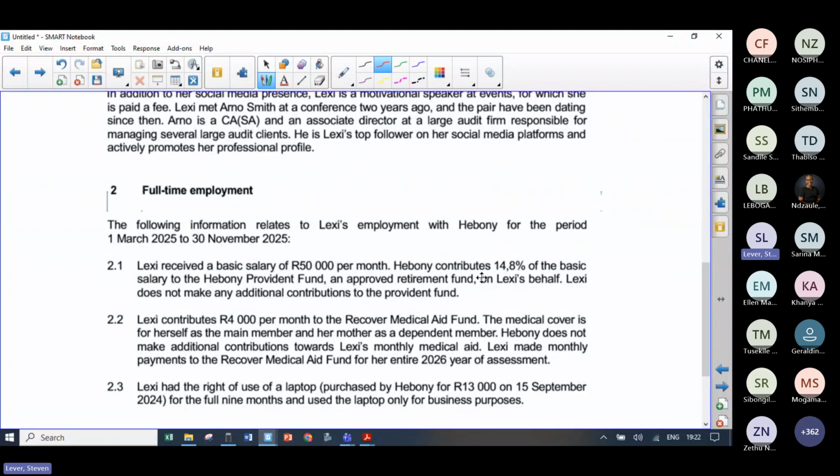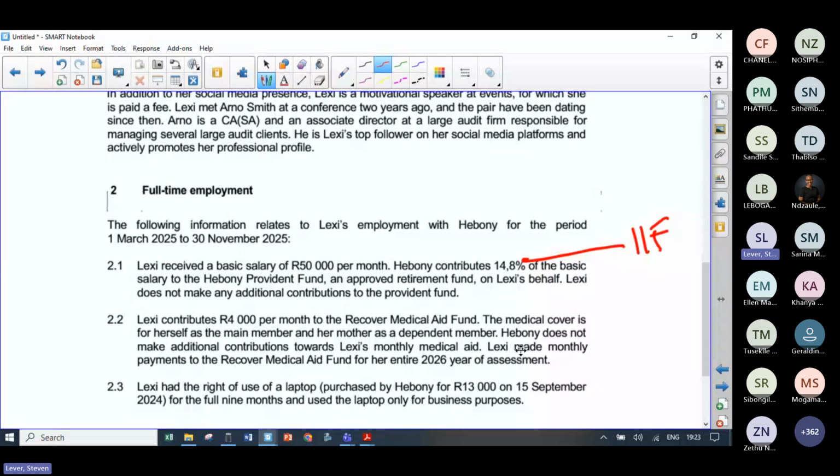It says Hebony contributes 14.8% of basic salary to Hebony's Provident Fund and an improved retirement fund. Lexi does not have any additional contributions to the fund. So guys, because there's a 14.8% here, what I need you to do is remind yourself that you need to come back later. Somehow you need to remind yourself that I've got to come back and do a section 11F later.